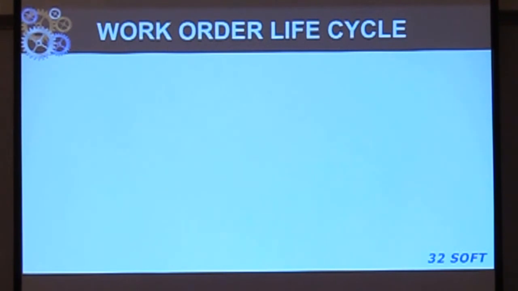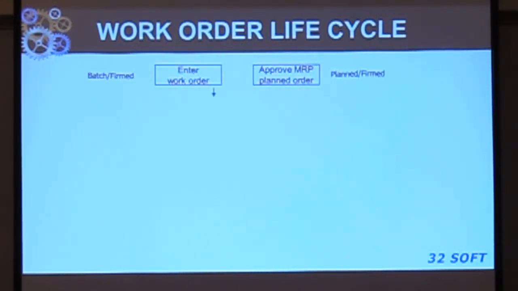Okay, the work order life cycle. Work orders start off either batch or firm, or they're approved by MRP, and those feed down and create work orders. In 16.1, you can either have exploded, allocated, or released work orders.